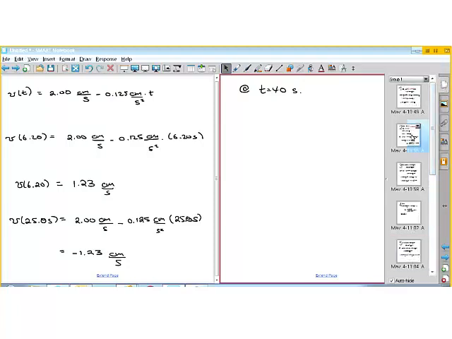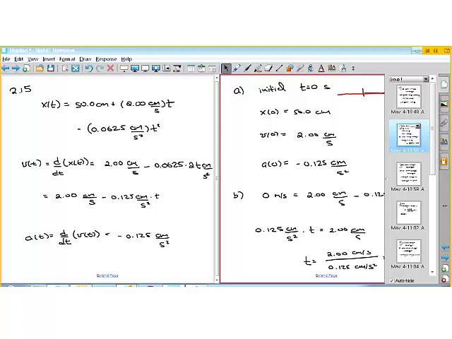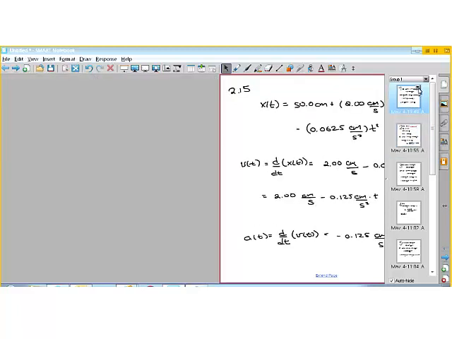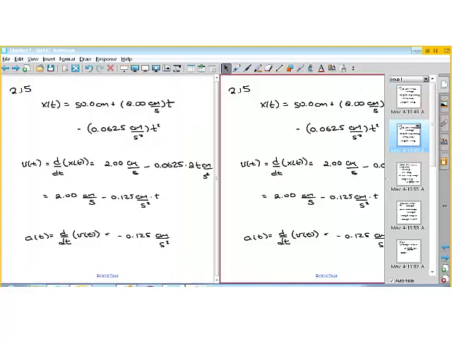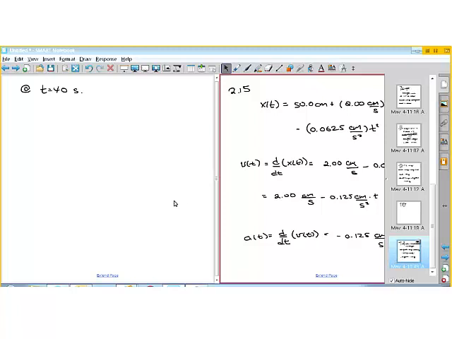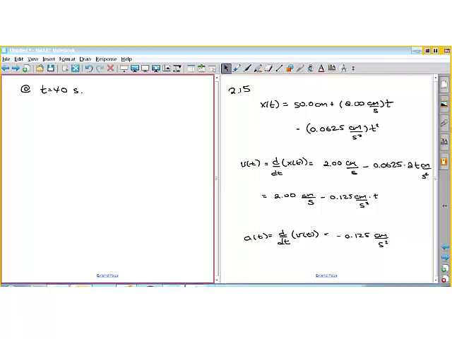So I'm going to go back and find the page with the velocity and stuff, and I'll copy it all the way to the end. Okay, so now we just have to plug in 40 seconds.